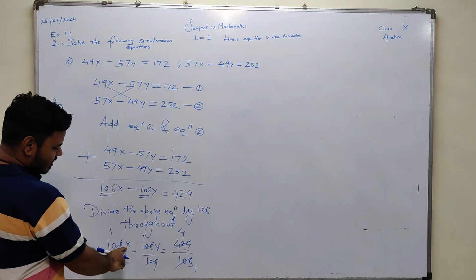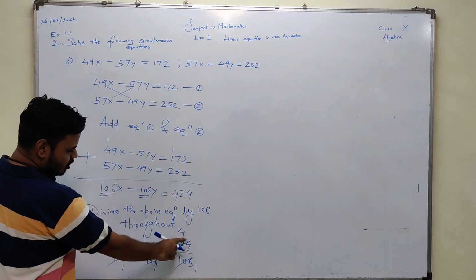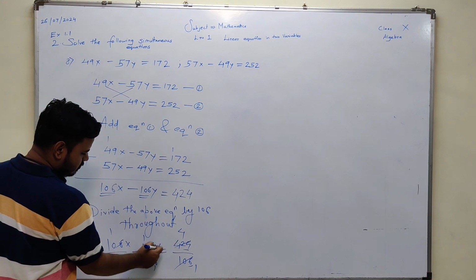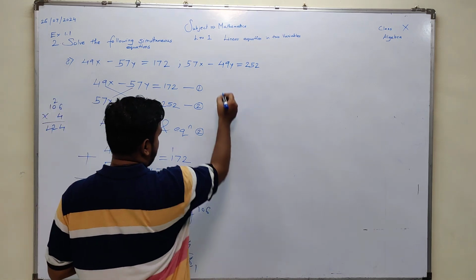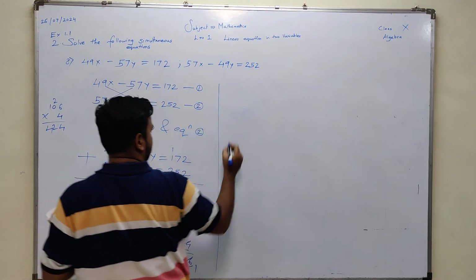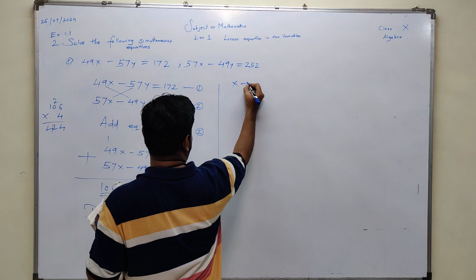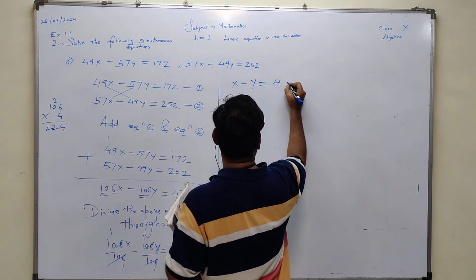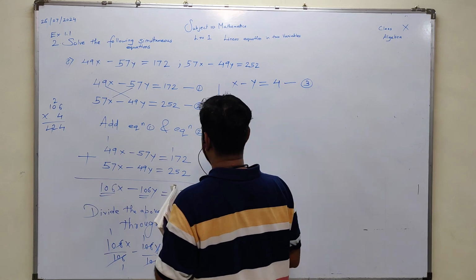So our equation becomes x minus y is equal to 4. So the first equation we got is x minus y is equal to 4. This will be your equation number 3.